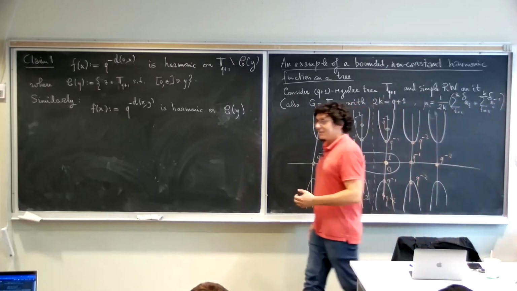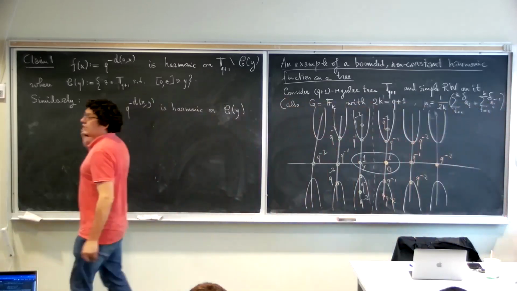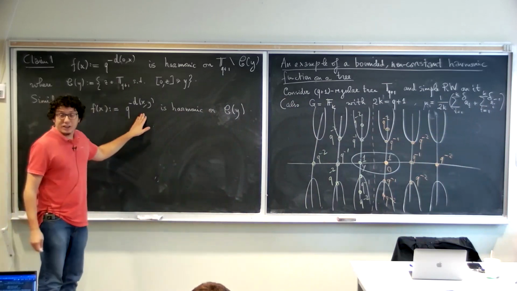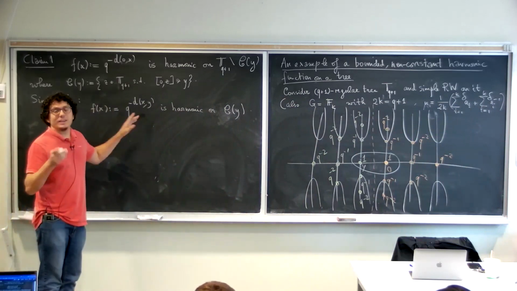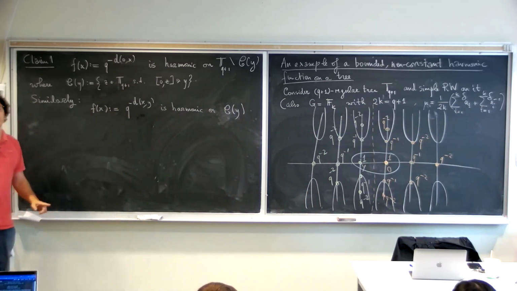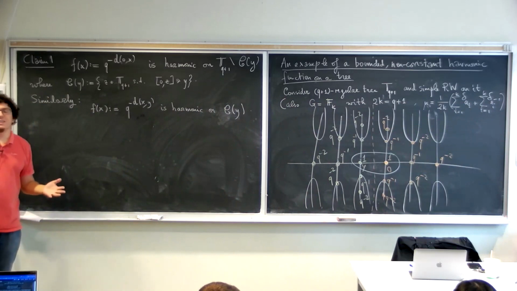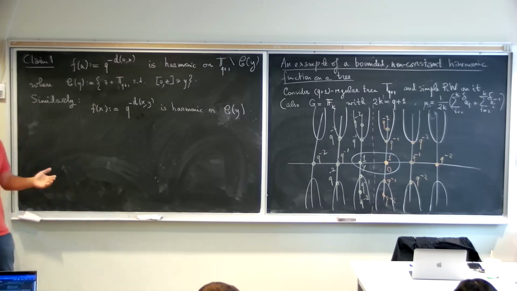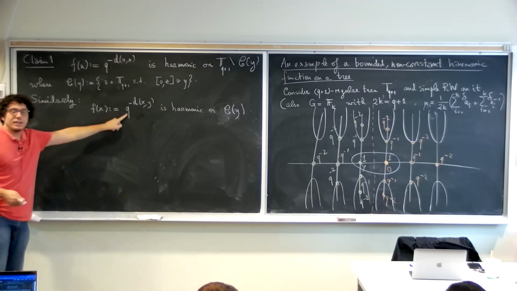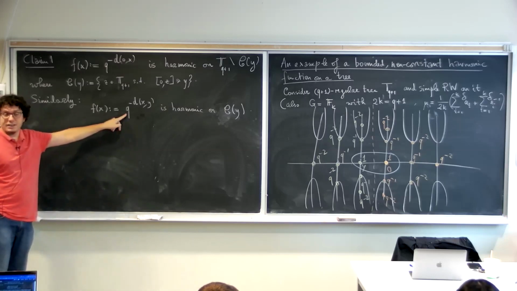So the trick is that not just this function is harmonic, but we know that the space of harmonic functions is, what kind of algebraic structure is it? It's a vector space. Very good. And we know two harmonic functions. We know this one and the constant.